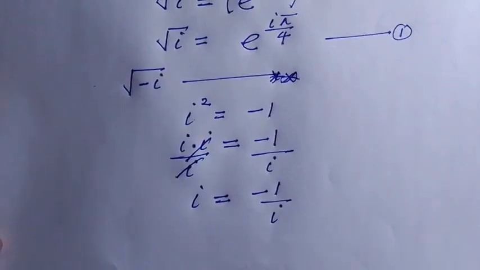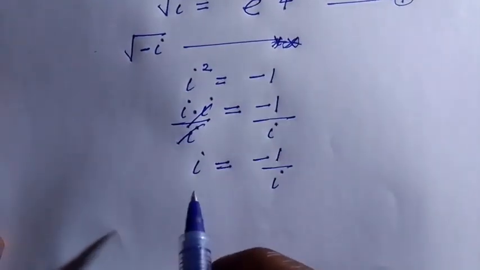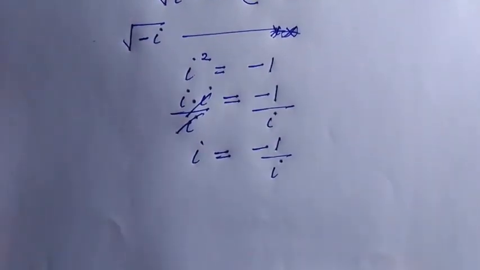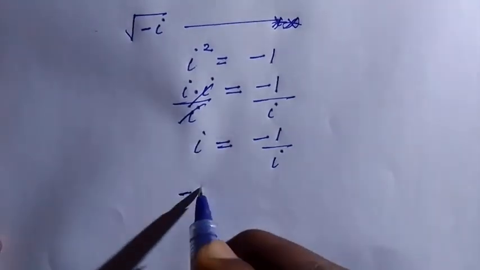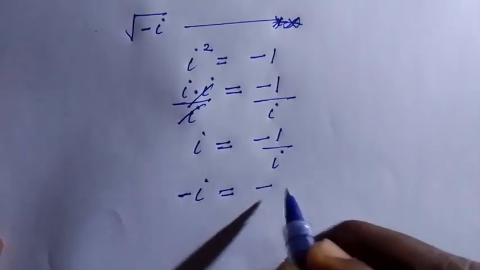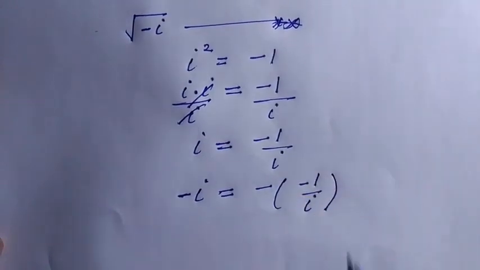Then let's take the square root of both sides. Or before we take the square root, let's introduce a negative here. So we have minus i equals minus into the bracket of minus 1 divided by i.